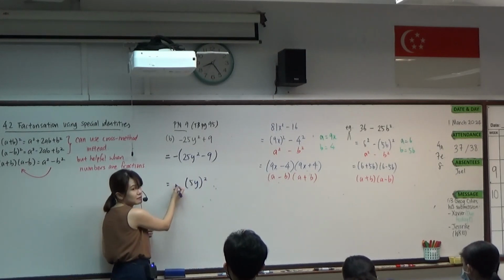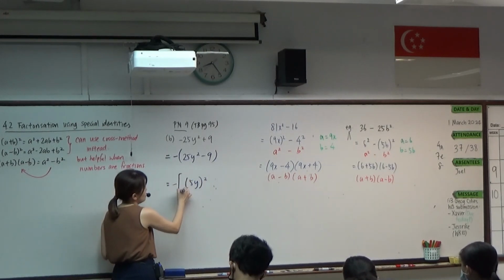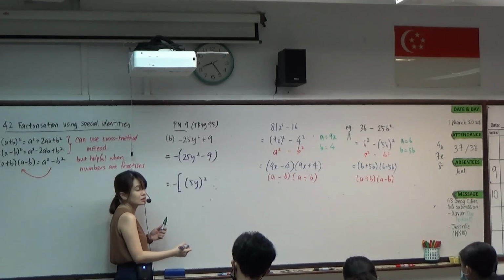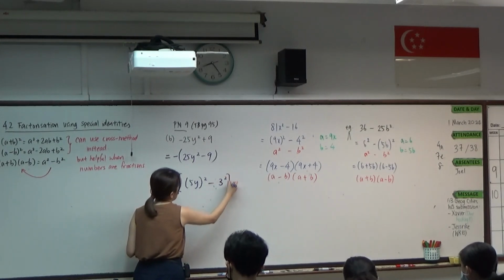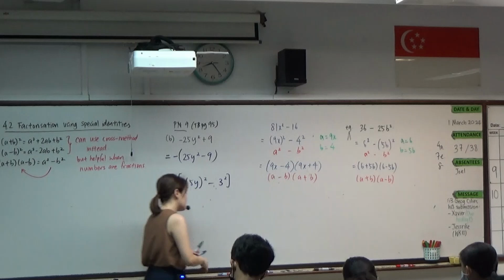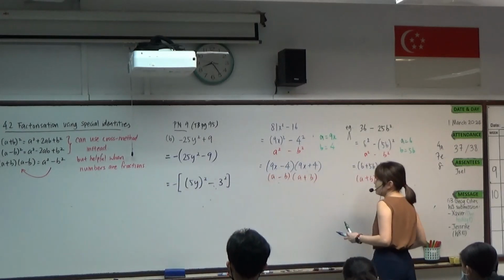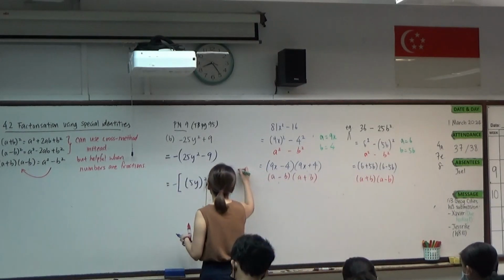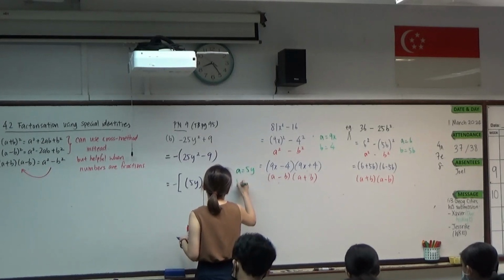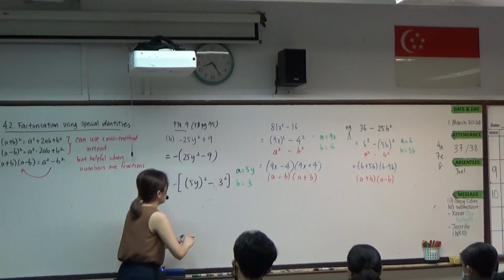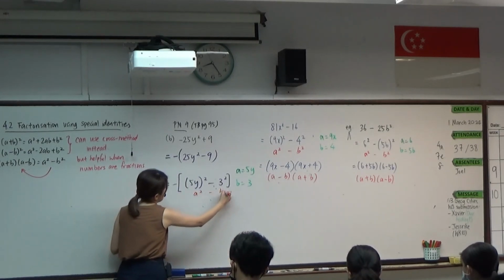I leave the negative sign outside. Then minus 3 squared. So we see that our a is going to be 5y and my b is equal to 3, because a squared minus b squared.